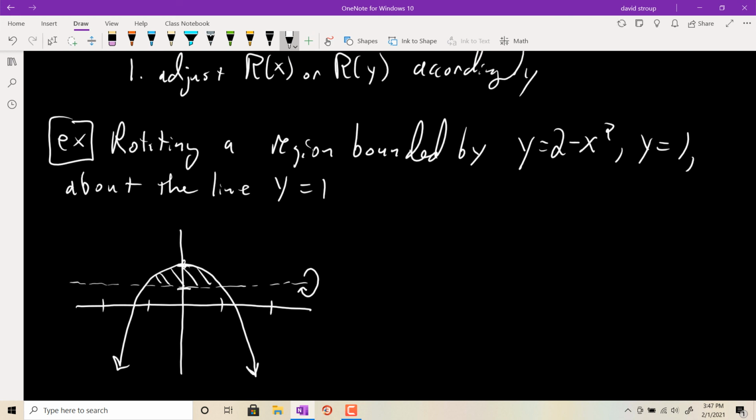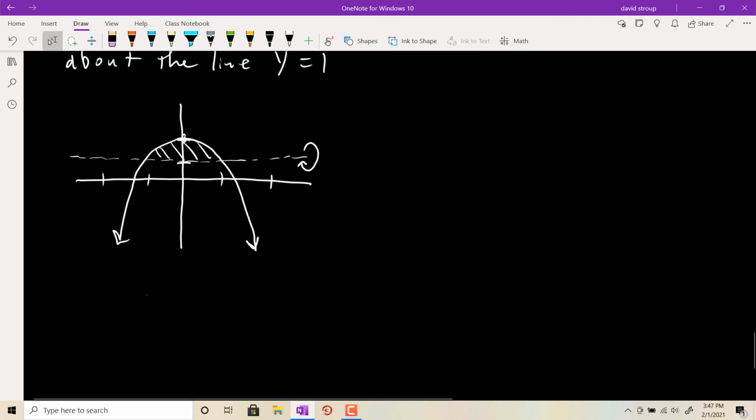So we're rotating about this line. The end result is going to be kind of like a football. So you get this kind of figure resulting after we spin it about that axis. Maybe it looks a bit like a Stewie head.